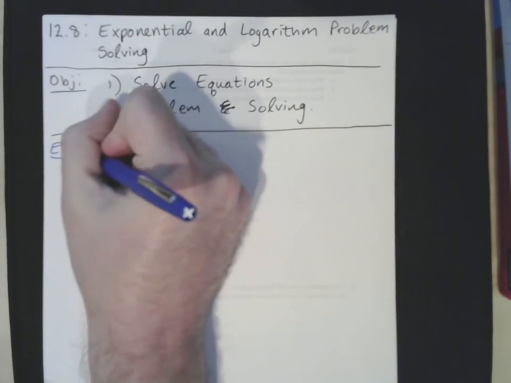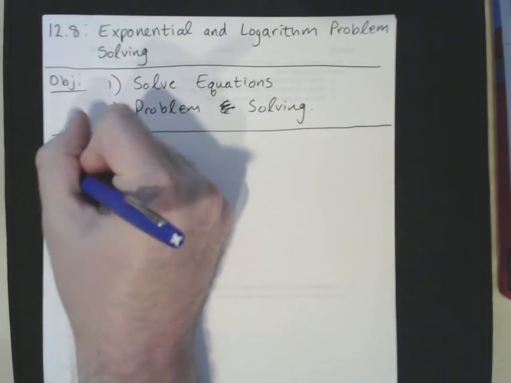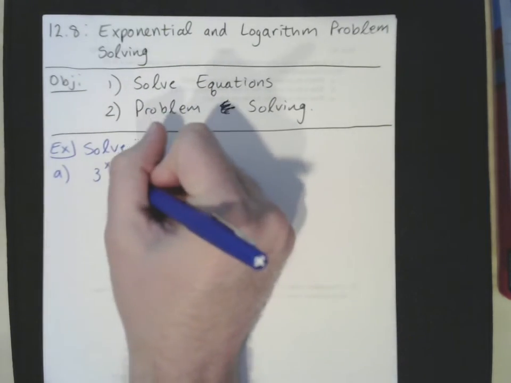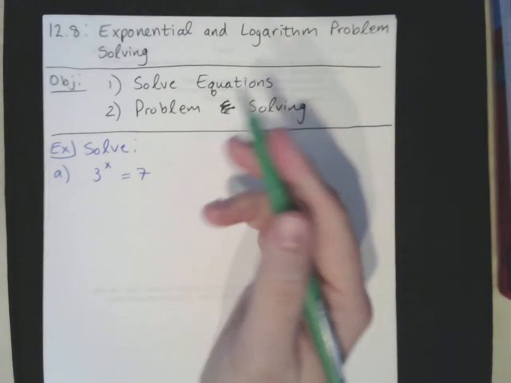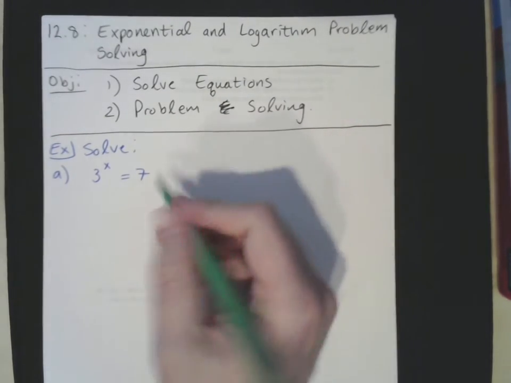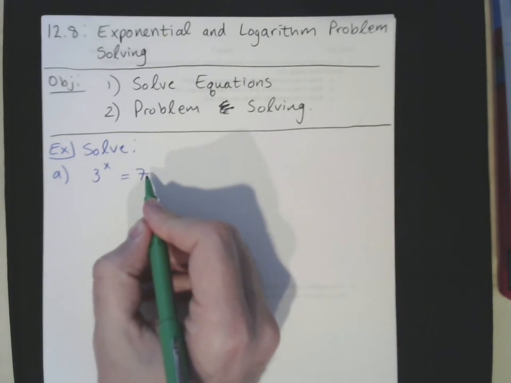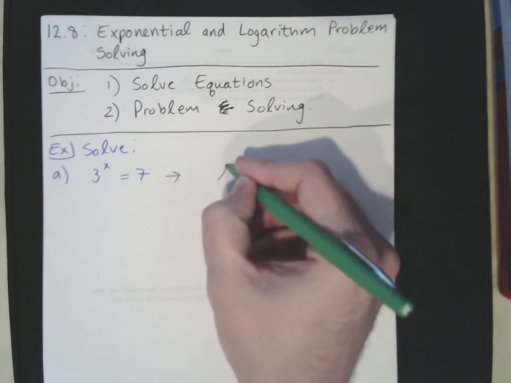So we're going to solve just a bunch of equations. Our first one, 3 to the x equals 7. This one's a little bit simple, but when you're solving an exponential like this, we want to use properties of logarithms.